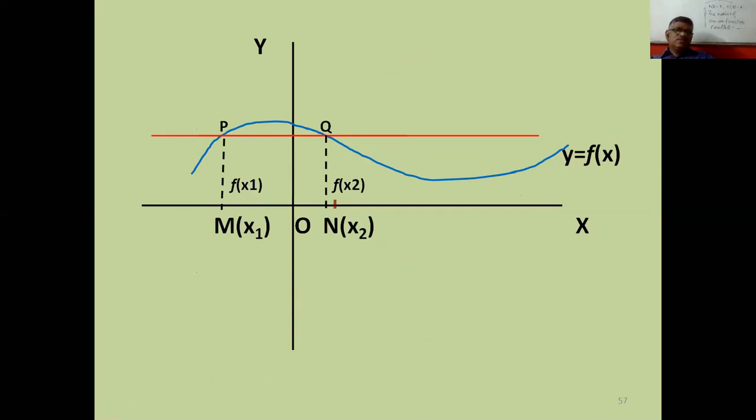Different values of x, same f(x) value. It is many to one. If a horizontal line intersects the curve more than once, it is many to one. Okay?